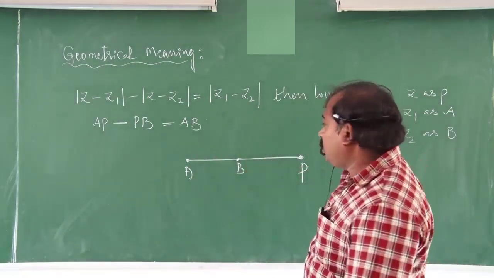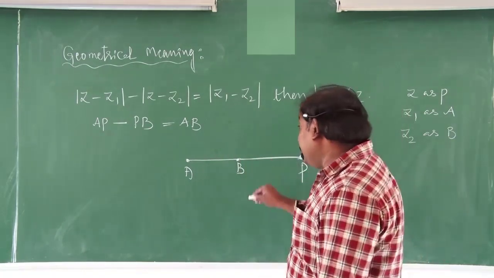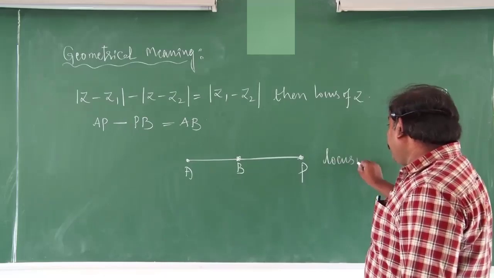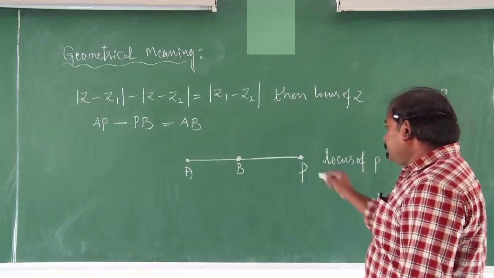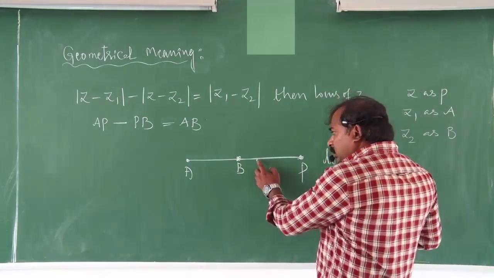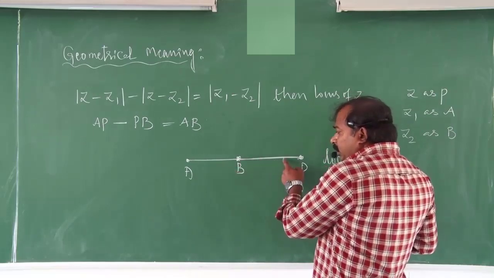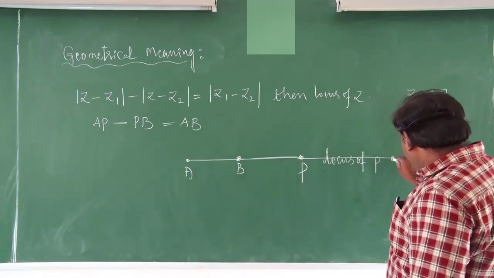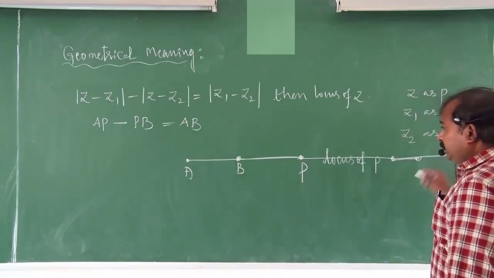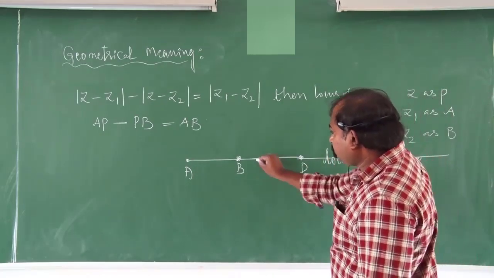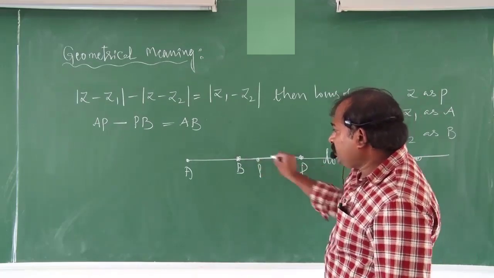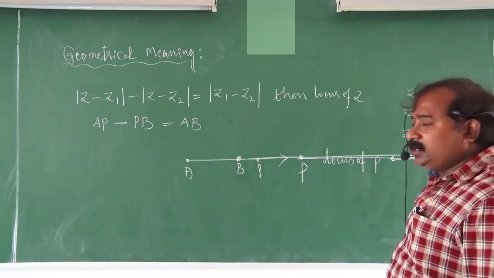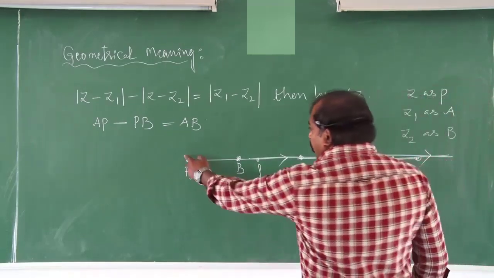Means, what is the locus of P, ma'am? If you observe, this point P, where can I take it? Here you may take it, valid; here valid; here valid; like that. From here you may take it valid. After B, anywhere you can take, automatically what will you get?